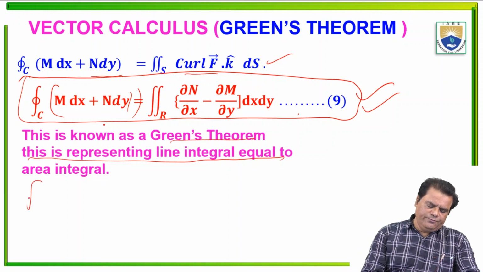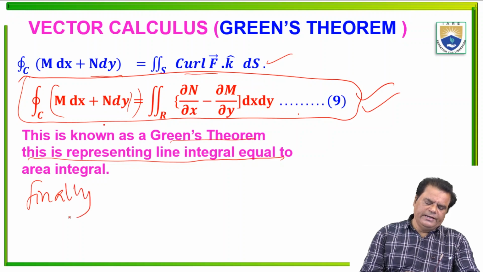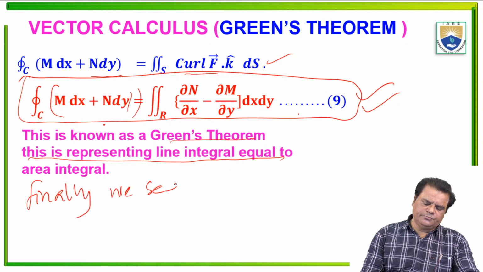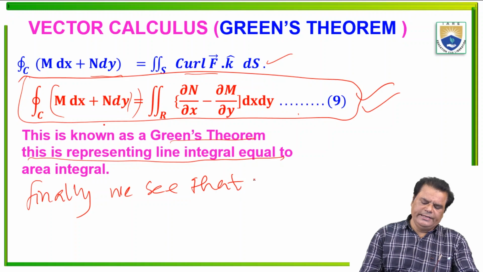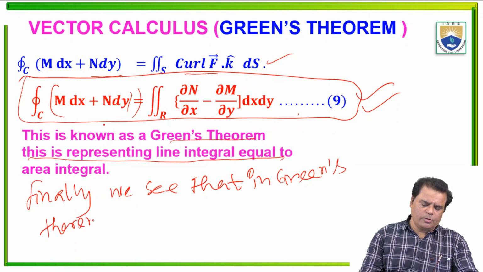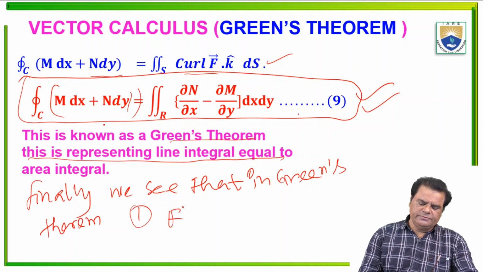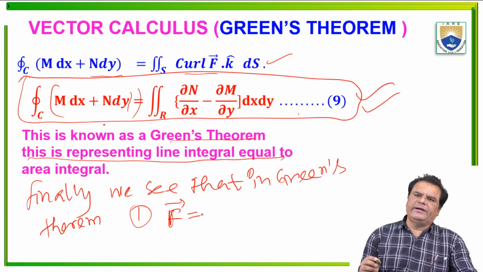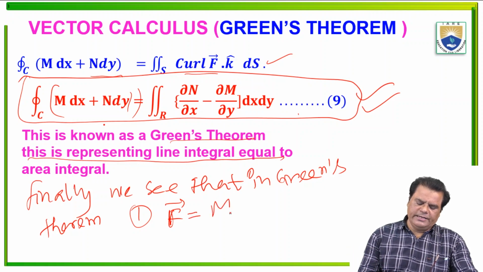So finally, we see that in Green's theorem, only 2 points to remember. Number 1, F is a two-dimensional vector point function, that is m i plus n j.